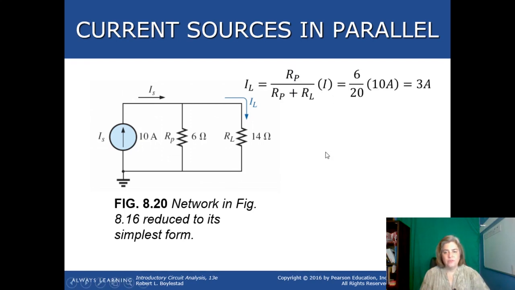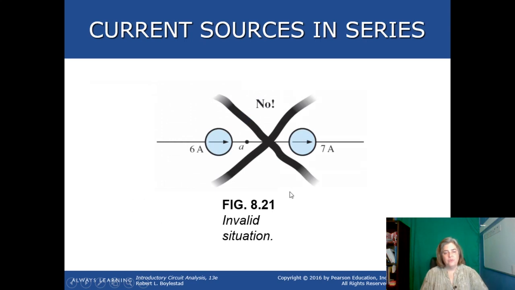And that gives us 3 amps using our new current divider formula. Just remember, never put current sources in series, however we can combine them in parallel. If you need to, go back through this PowerPoint and then start working on your homework.